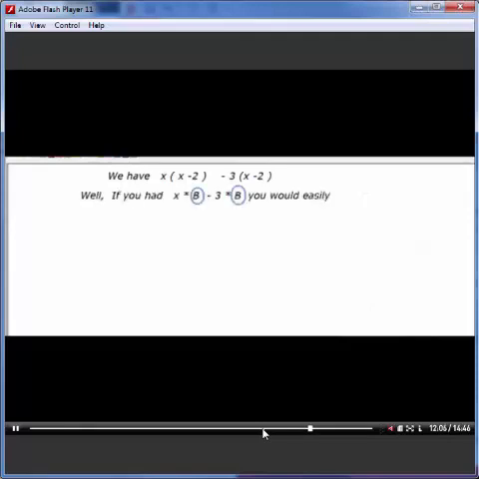It is exactly the same as if we had x times b minus 3 times b. Replace the x minus 2 with the b, and you see that this is what you actually have. You factor out the b, that in our case is nothing else than the x minus 2, and what you remain with is b times x minus 3, that in our case will be x minus 2 times x minus 3.